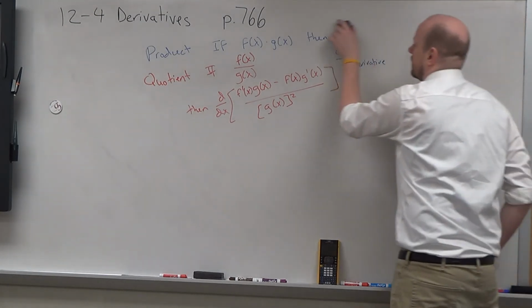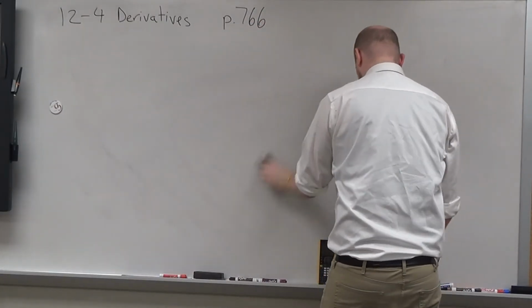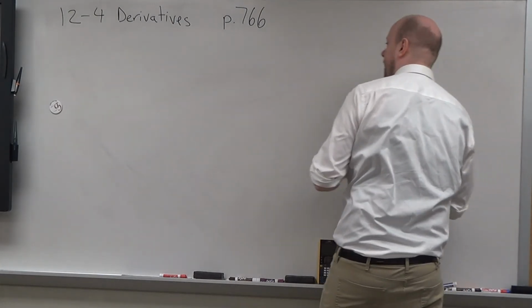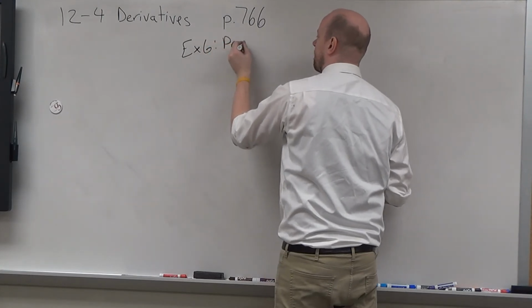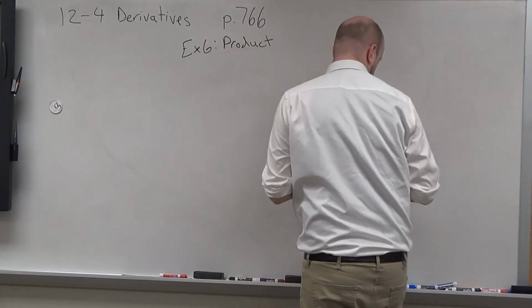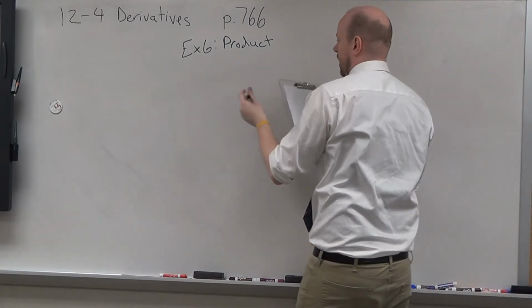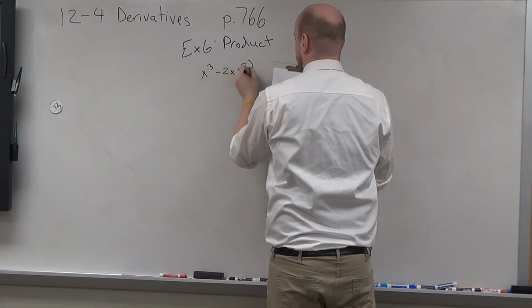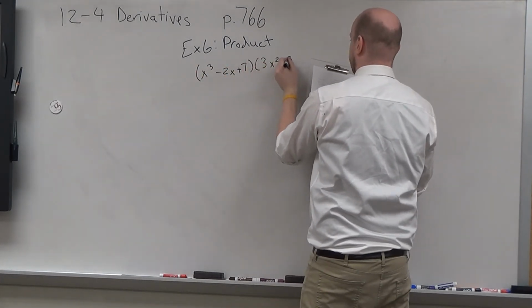So, like I said, two examples, one doing each of them. Example 6 is the product rule. I get two functions, something like x cubed minus 2x plus 7 times 3x squared minus 5.